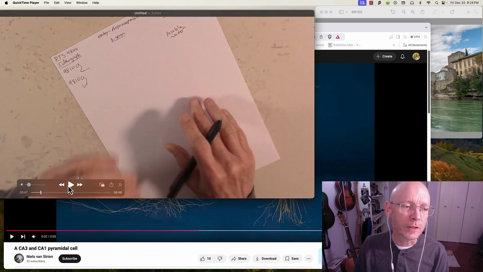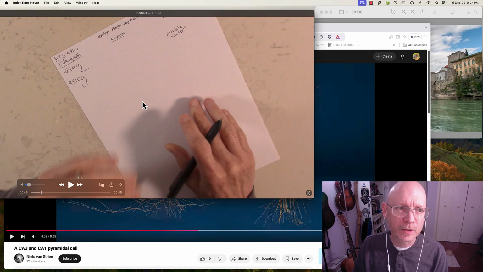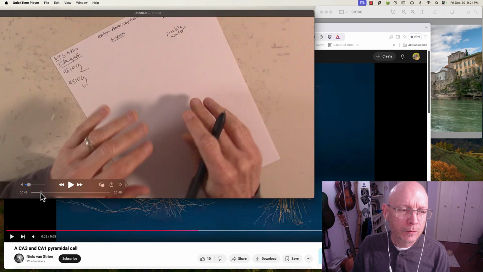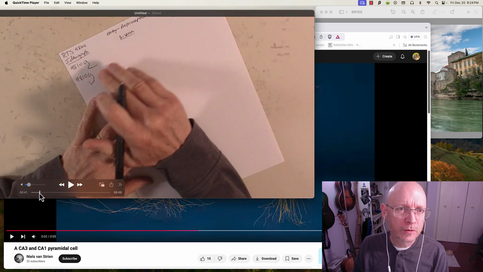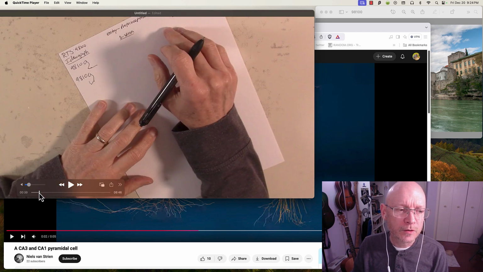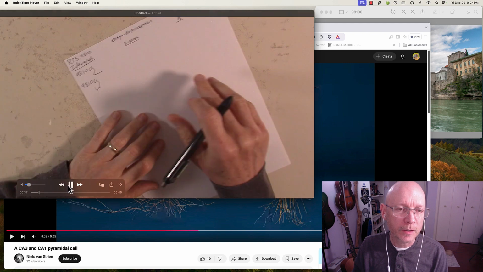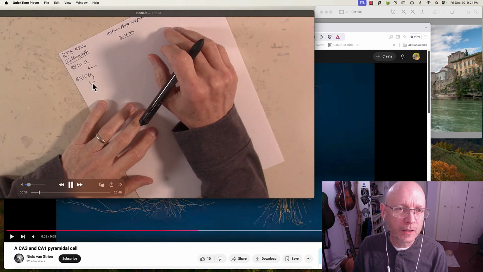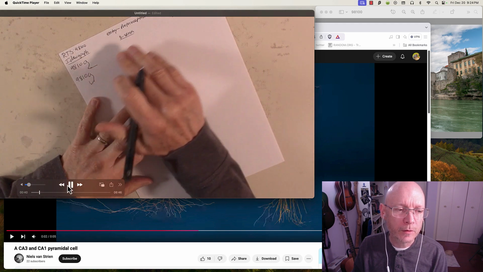Possibly water. Okay, so I'm at 47 seconds in. So the water element, I'd say, is probably about here, right after the second ideograph right there.